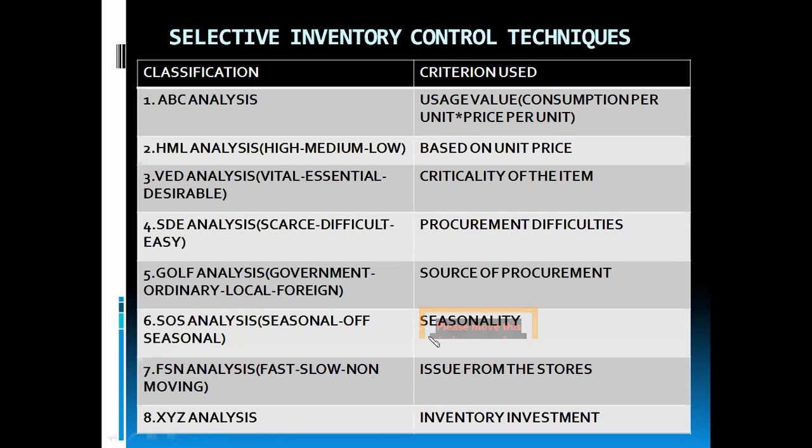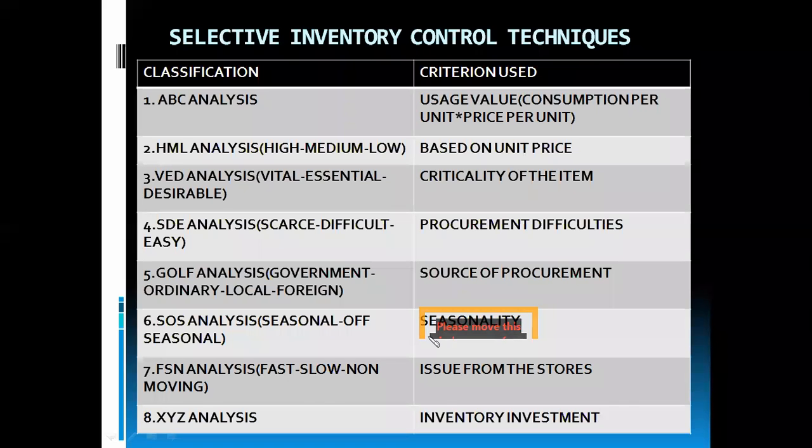We have to exercise more control over vital items and low control over desirable items. Then SDE, scarce, difficult, easy. This is based on the procurement difficulties, how difficult it is to purchase them. So scarce items, we have to exercise more control. Easy items, we can exercise less control.